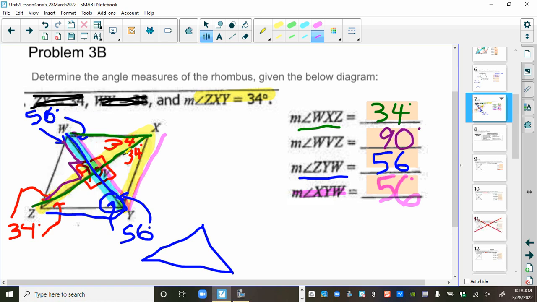Outside edges are congruent. The diagonals bisect each other at the midpoint. And then also diagonals bisect the outer angle. Again, think about that idea. The bisector, the angle bisector, or the segment bisector. Think about the mirror. Whatever's on one side, you see the reflection on the other. Anybody have any questions?